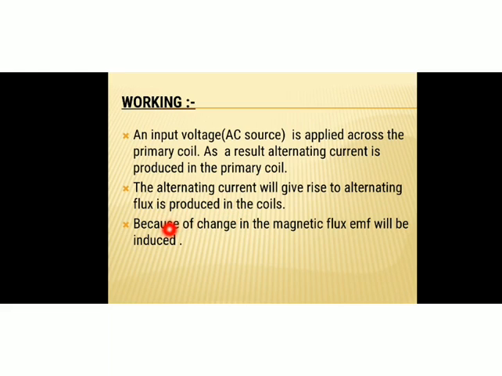So that means change in flux is produced in the primary coil, because the AC current always changes its magnitude with fixed intervals of time. So, with the change in magnitude of AC current, the magnetic flux associated with the primary coil changes, and whenever the magnetic flux changes, an EMF will be induced in the primary coil.